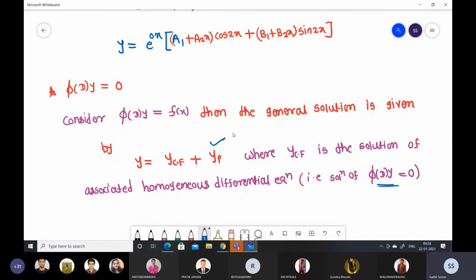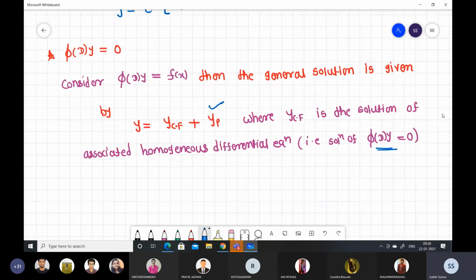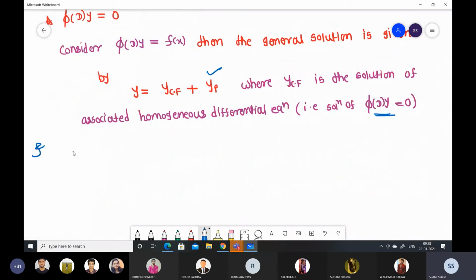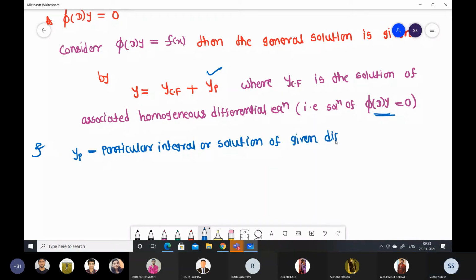And what is the meaning of yp? yp is the particular integral or particular solution of the given differential equation, and so here onward we are looking for the particular solution.